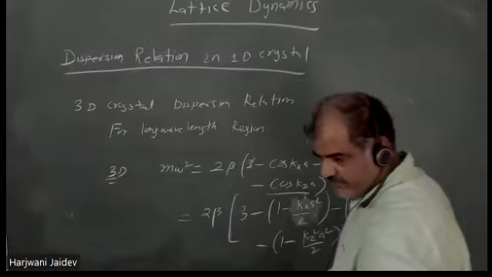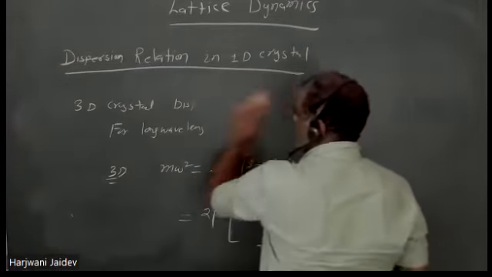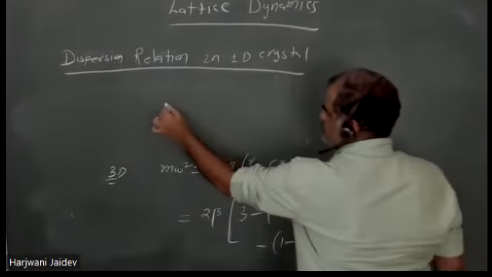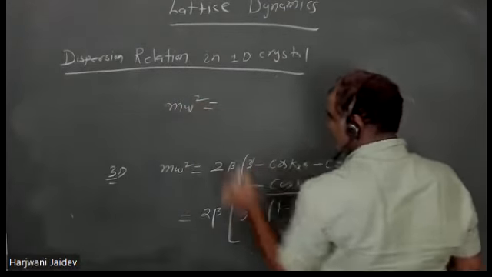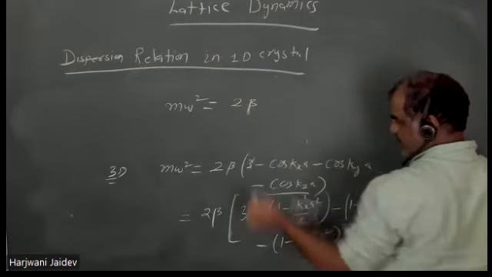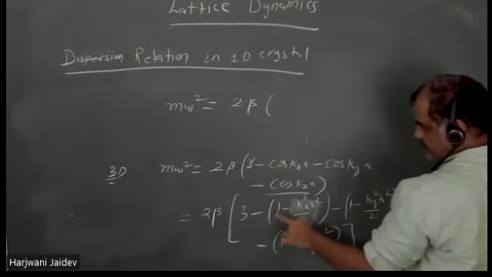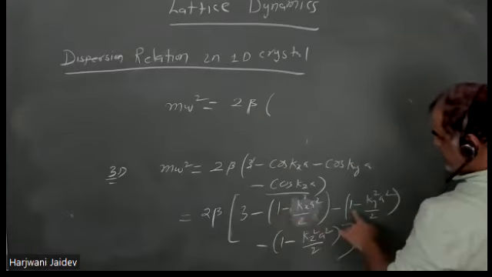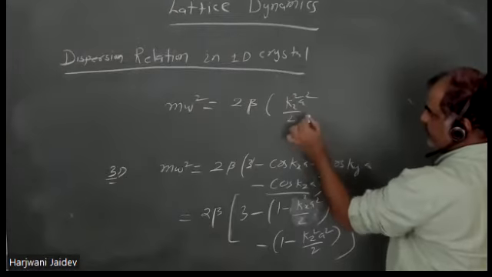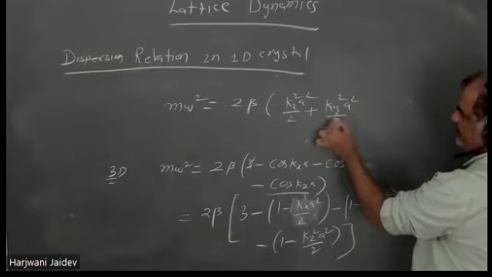If we solve it further, what will we get? 3 minus (kx square plus ky square plus kz square) a square by 2 equals M omega square by 2 beta. The 3 and 3 cancel, and the 1s cancel, so it will be kx square a square by 2 plus ky square a square by 2 plus kz square a square by 2.